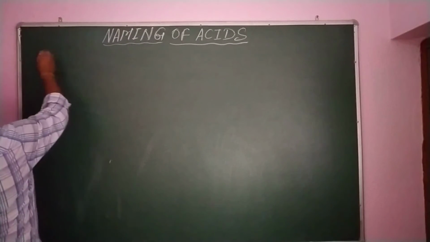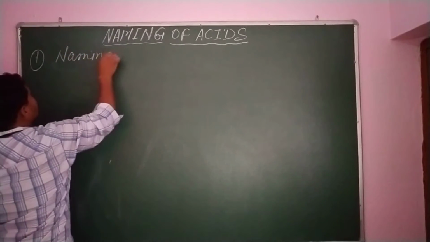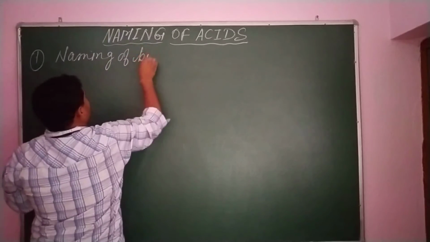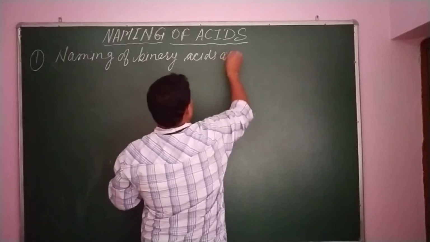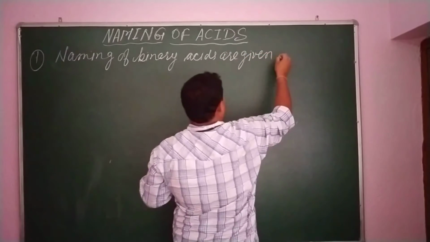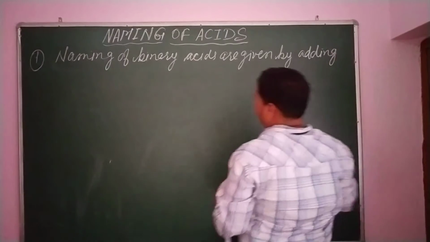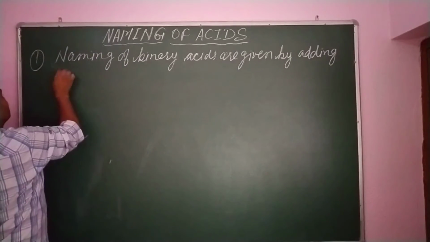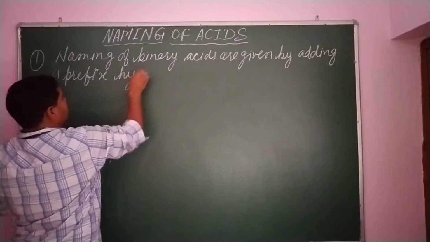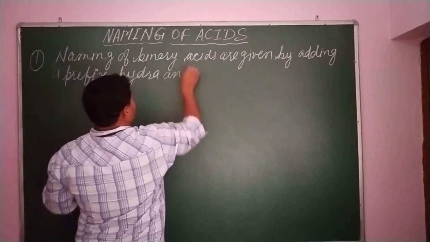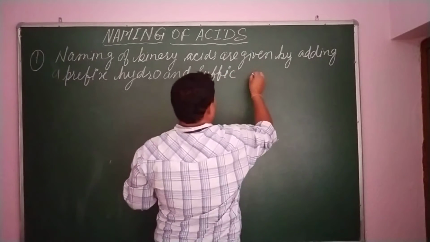First, naming of binary acids is done by adding a prefix hydro and a suffix ic.